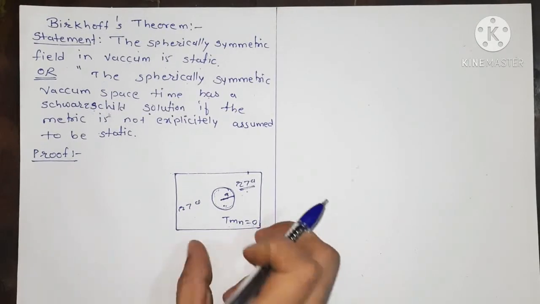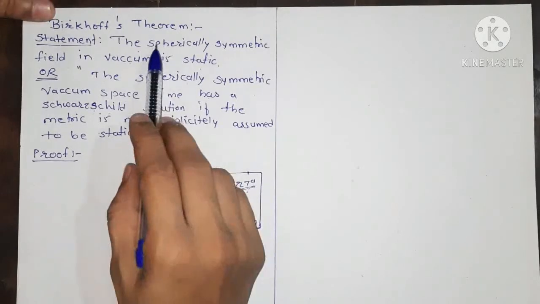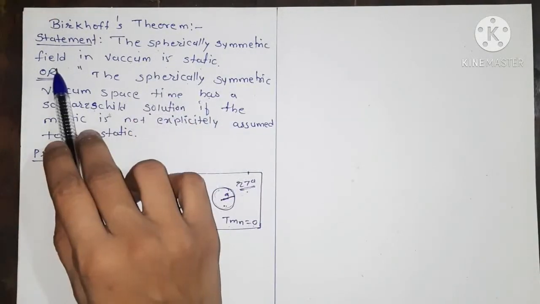Okay, so in considering this, we suppose that we start with our spherically symmetric field, that is, a line element.